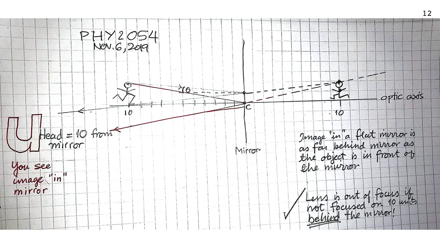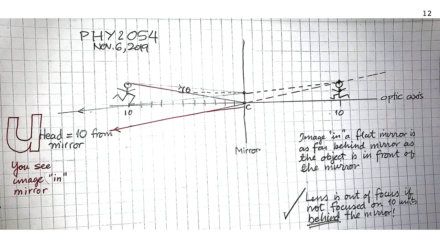Intersection right here. And that, my wonderful students, is the location of the coconut of the running man. And he's running towards you, even though in reality he's running towards the mirror.